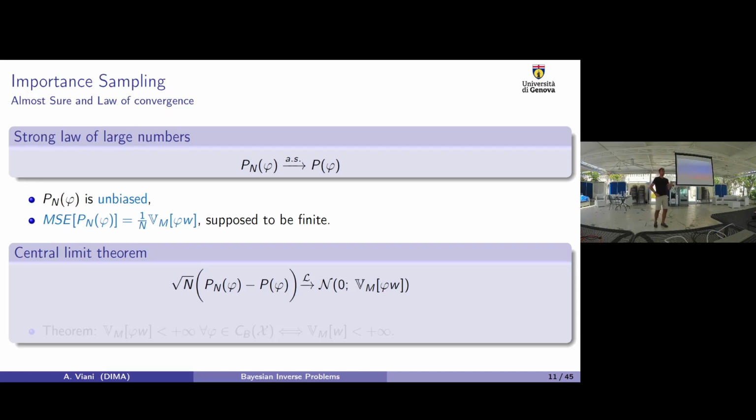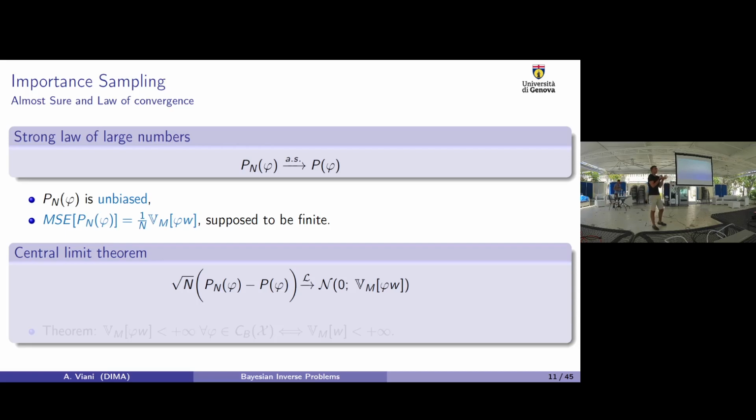For example, I have one sample that is centered in 0 with a huge weight, and then thousands and thousands of samples that are far from the higher probability region for P with low weights. If I do the average, I get the true solution, but I have a huge difference in the variance of the weights. There is one sample with a huge weight and a lot of samples with small weights. And this is not a good thing.